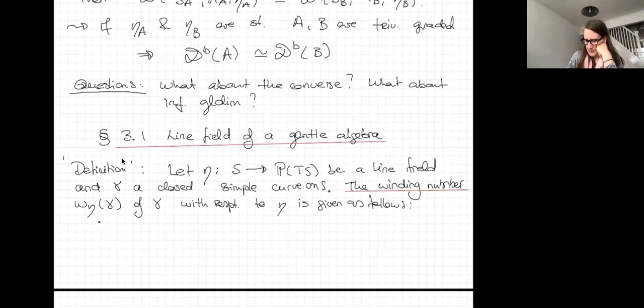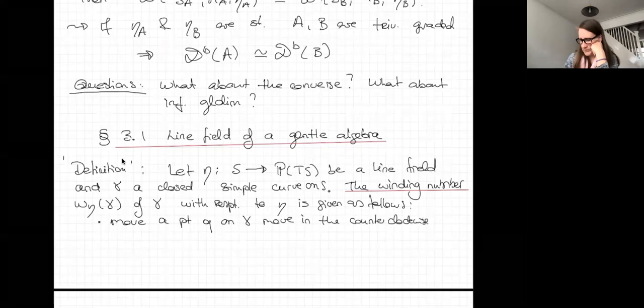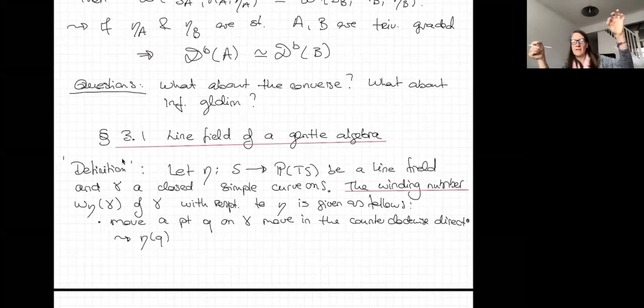So we take a point on the curve and move it in the counterclockwise direction along the curve. When we do that, then the line field, or the line at Q, remember the line field picks out some line at Q, then that line also moves along the curve. So eta Q is a line.